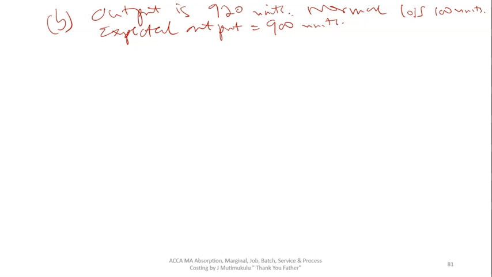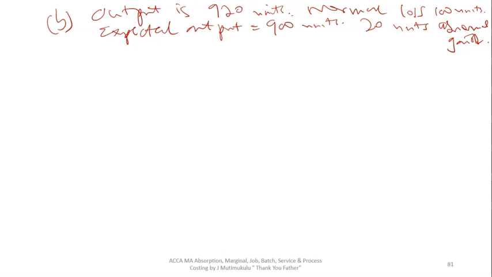So was there a normal loss or a normal gain? Was there an abnormal loss or an abnormal gain? Obviously there was a gain because we produced more, so 20 units. Abnormal gain. There was abnormal gain of 20 units.